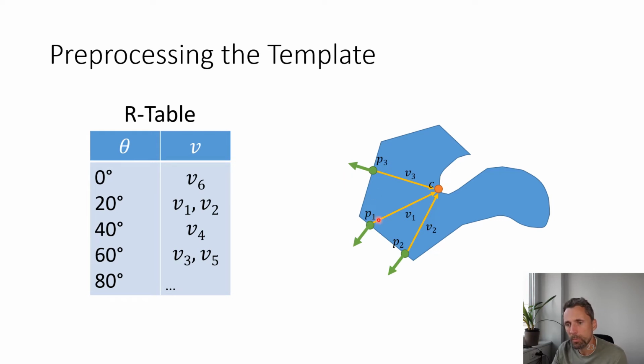And so, for example, here V1 and V2 are on the same kind of gradient direction. That's why we put them in here, although 20 degrees doesn't seem right. And then V3, for example, is added in another bin here. And we do that for all the contour pixels and all the gradient directions and location vectors of C.